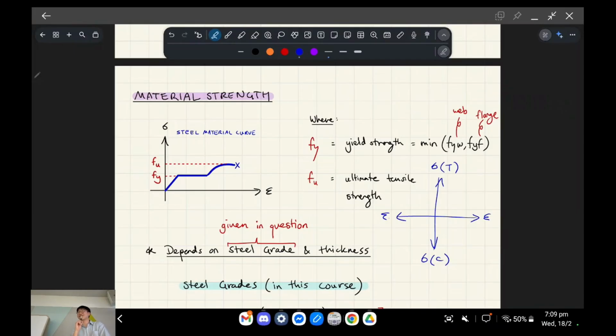I saw it once in a solids exam. Okay, good start. Basically, steel roughly looks like this. It continues to curve on both sides, but it's mirrored. So in tension and compression, it has the same yield strength, which we call Fy. F stands for strength, Y stands for yield.